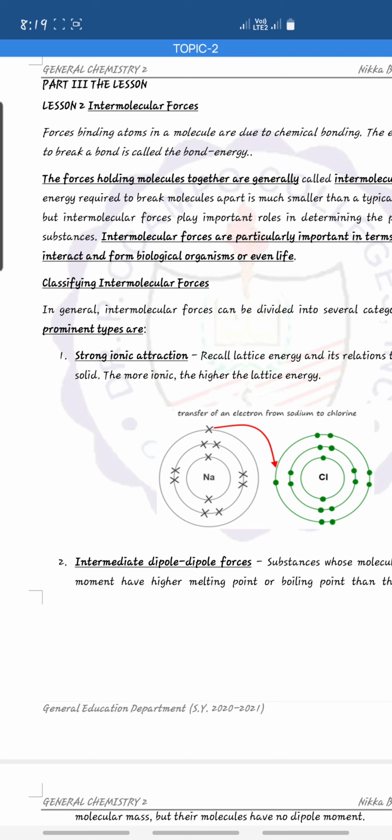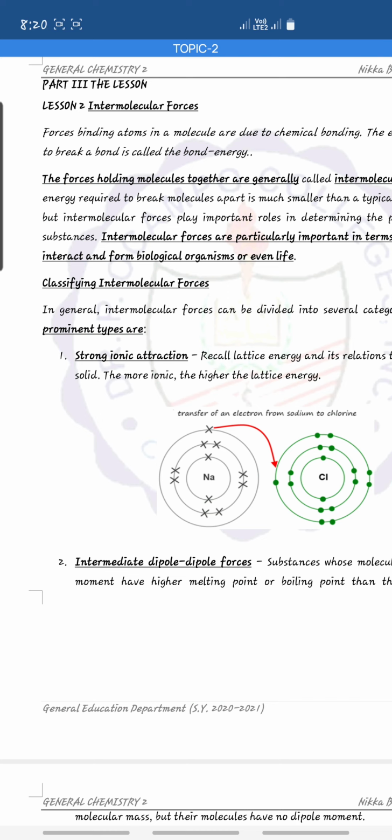When we say intermolecular forces, it's all about the interaction between the forces holding each molecule by means of their atoms. Did you get the point?